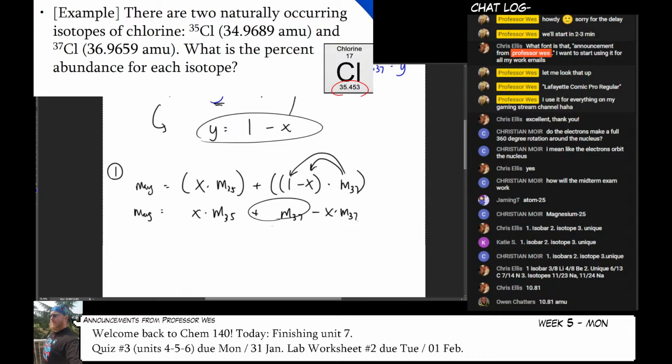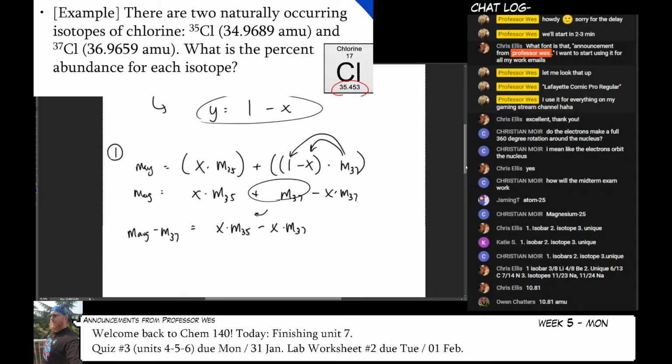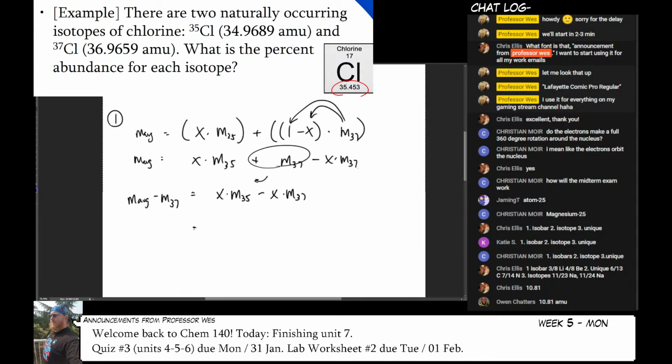So this needs to go to the other side. And then I could factor out x. Like that, right? This is still this. And then to get x by itself, I would just divide by this part, right?